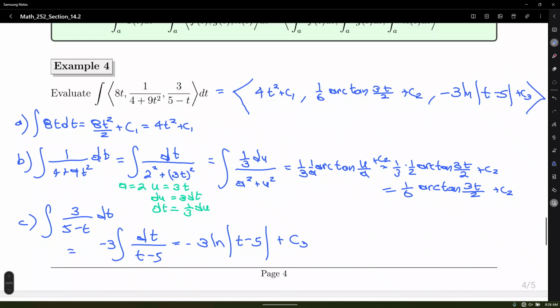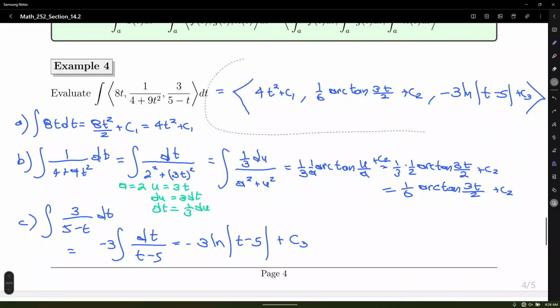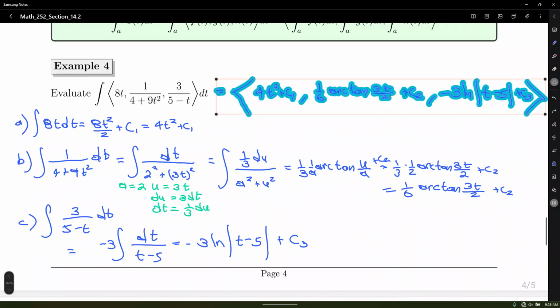Okay? So that's our final answer. Yes, we're going to get these big vectors here as final answers, because some of these results get really big. Okay, there you go.